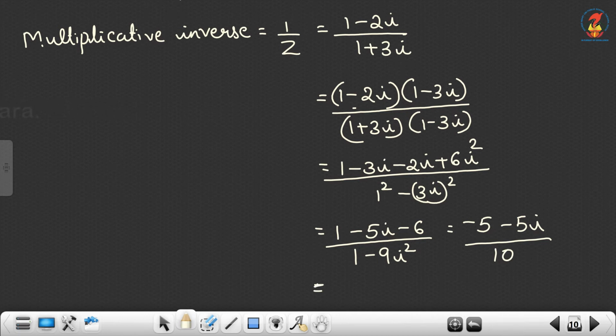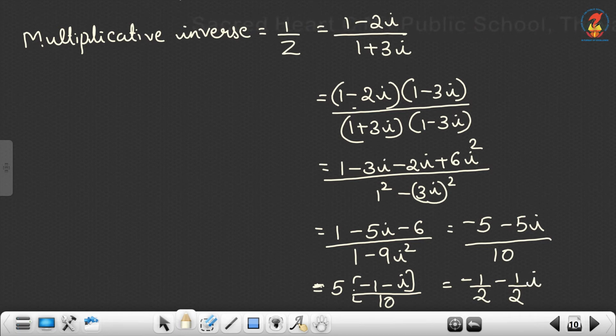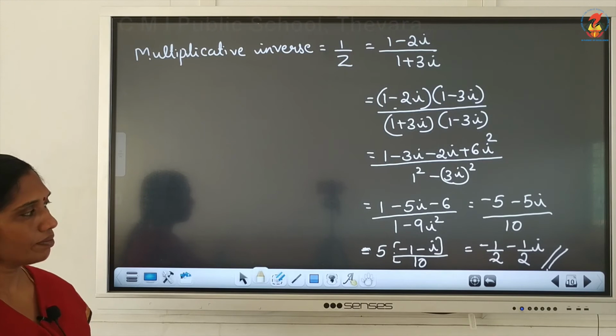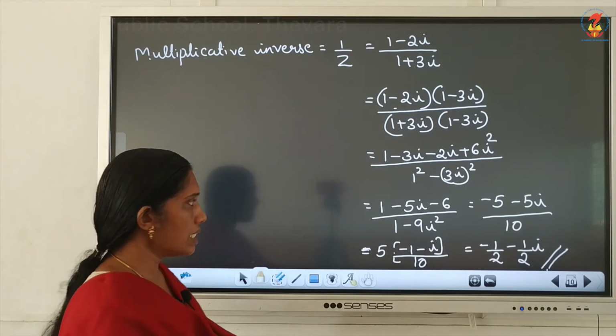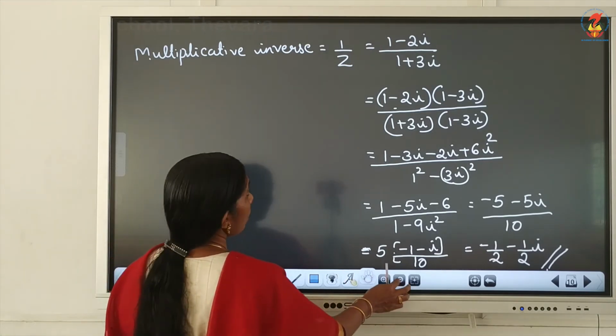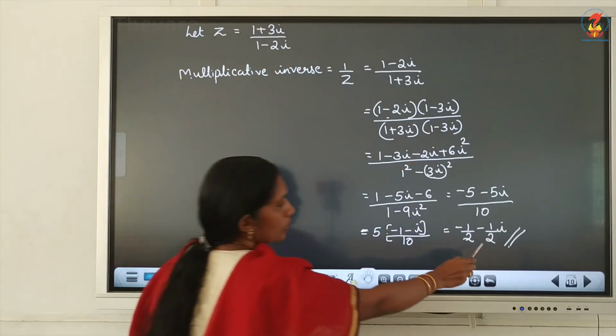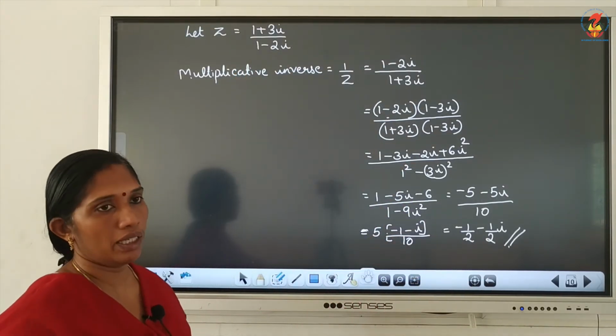Take 5 outside and cancel: (-1 - i)/2... by 10. So we can write -1/2 - i/2. This is the multiplicative inverse of the given complex number. The multiplicative inverse means this complex number multiplied with the given complex number will give 1.